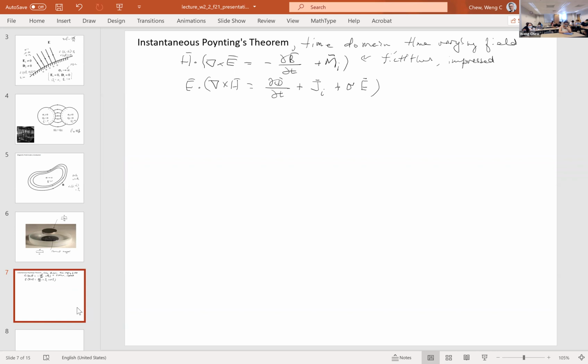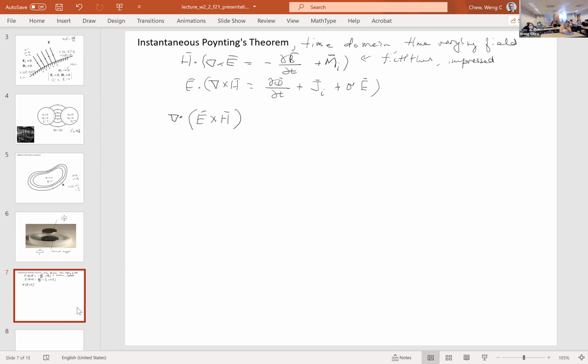So that allows me to do something, because by the time you reach this level, you are able to play around with vector identities. So you try to look for what divergence of E cross H is.